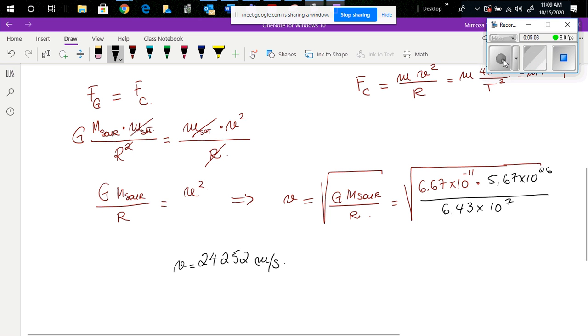Entering everything in the calculator, we will see that the velocity is 24,252 meters per second, which expressed with correct sig digs will be 2.43 times 10 to the power of 4 meters per second.